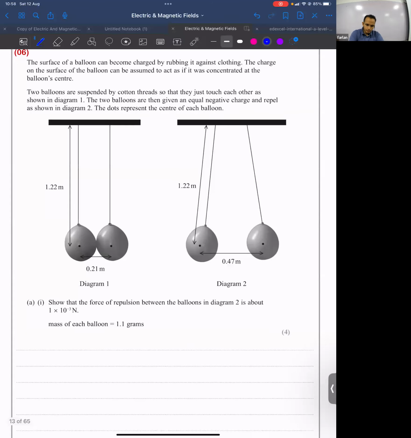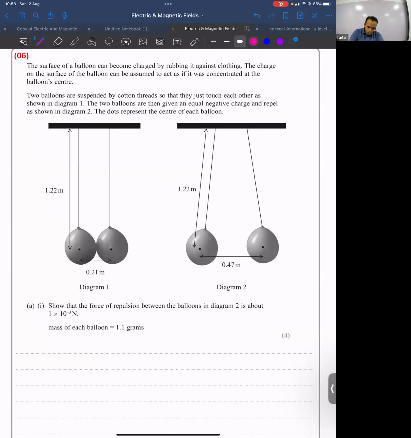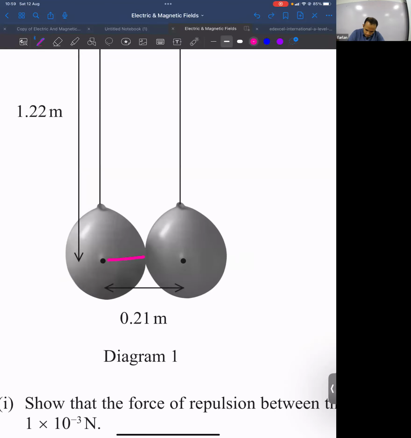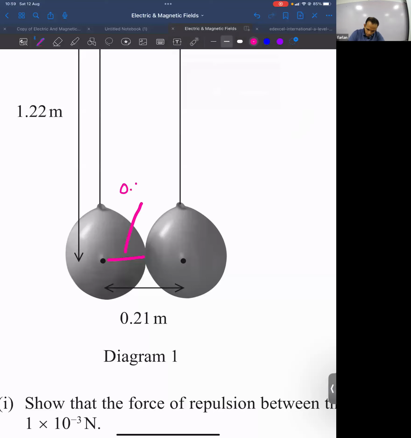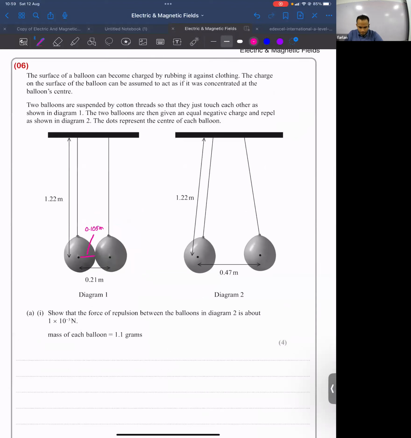Correct. From here to here, the distance is 0.21, which is from the balloon center to center. So the radius has to be half of that. How much is that? 0.105. The radius is 0.105 meters.